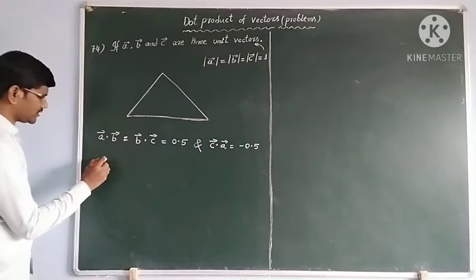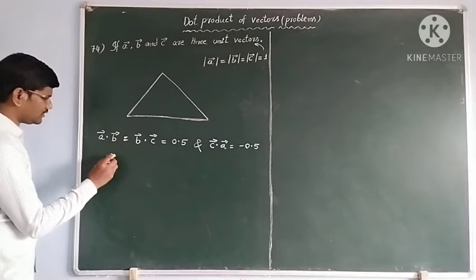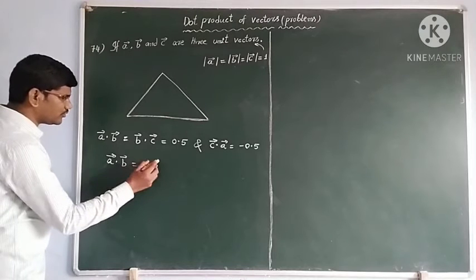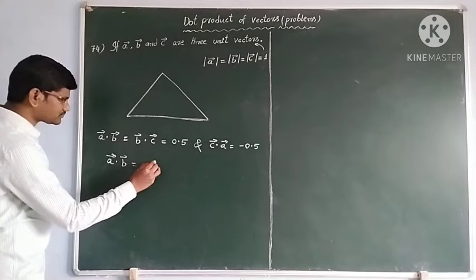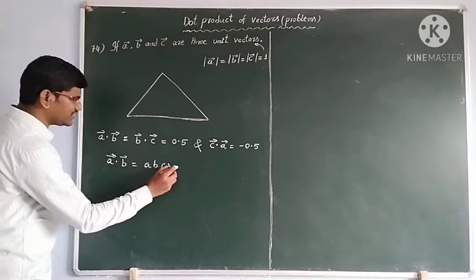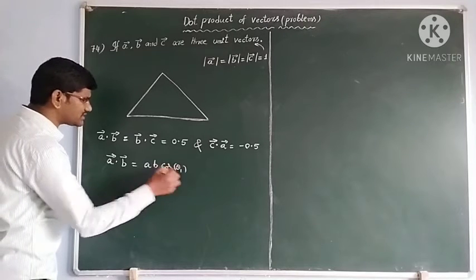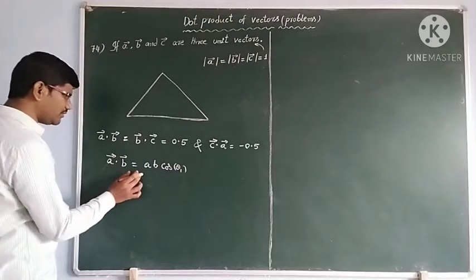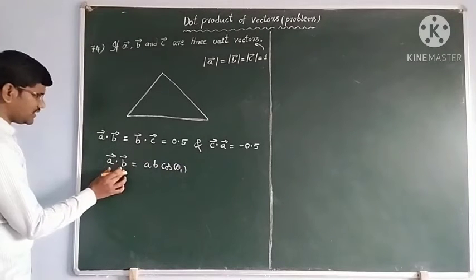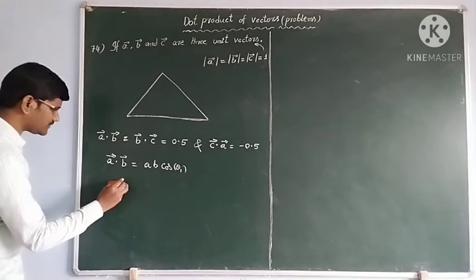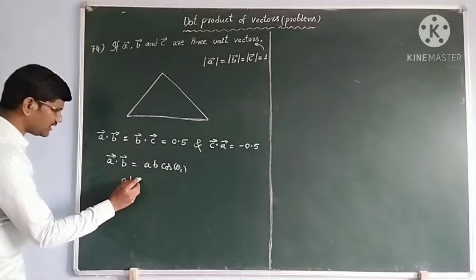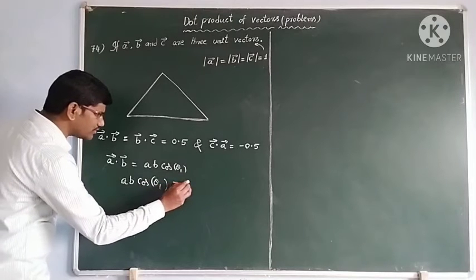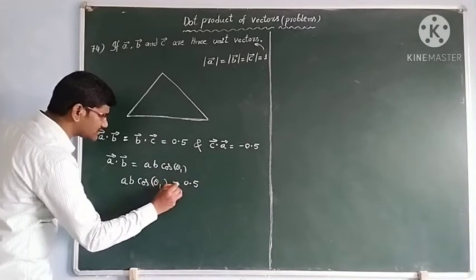See students, a bar dot b bar is equal to magnitude of a into magnitude of b into cosine of the angle between them. So let it be some theta 1. So a bar dot b bar is equal to ab cos theta 1, and this a bar dot b bar value they have given to us as 0.5.